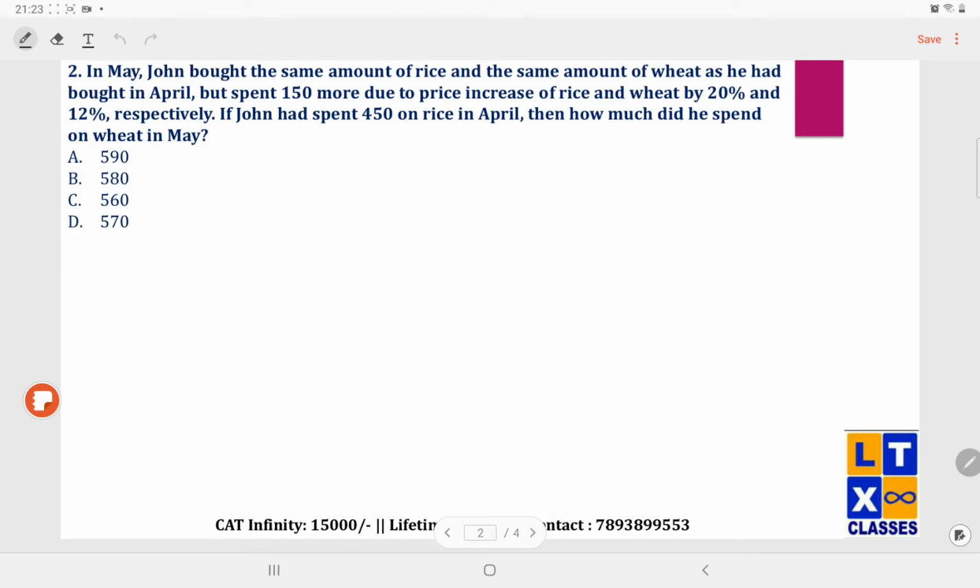In May, John bought the same amount of rice and same amount of wheat as he had bought in April. So there is a person, John, who bought rice and wheat in May and April. Very clearly it says the same amount of rice and wheat were bought in April and May.